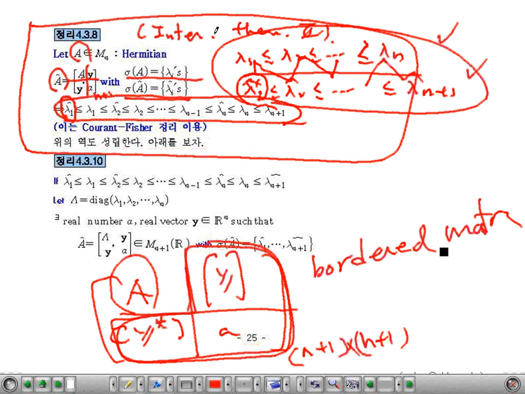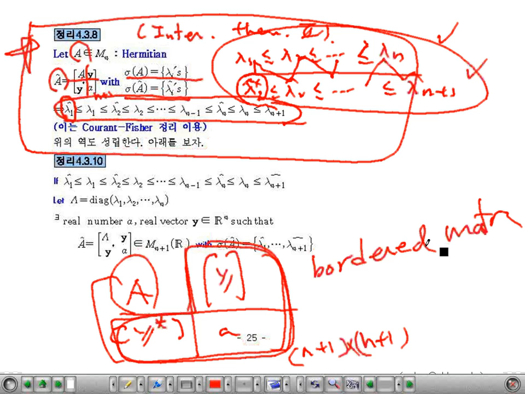That's called interlacing. Something appears and then the next one gets in between, like a curtain, squeezing in between. So that's why it is called the interlacing theorem: something in between. The proof of this one is strictly based on the previous theorem, and this is a very interesting fact.